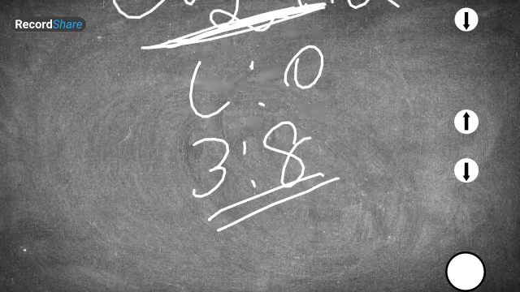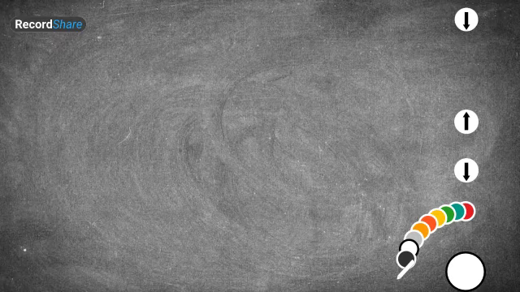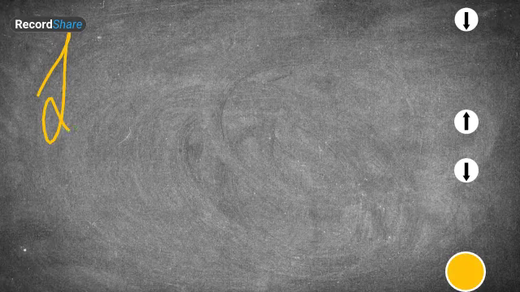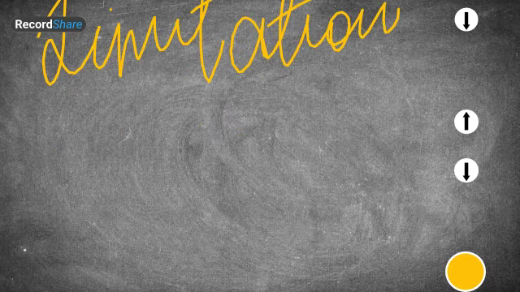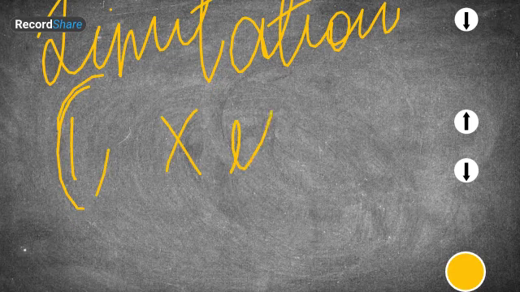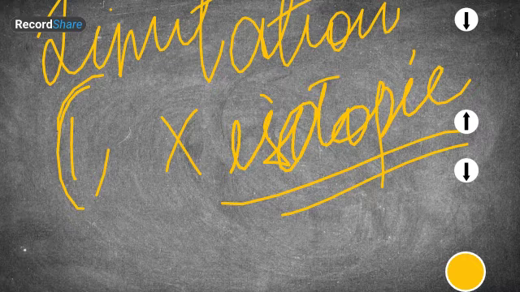Now there are also limitations of this law. Number one limitation is it fails in isotopic cases. What are isotopes? Same atomic number, different mass number. Because here it is the ratio of weight.